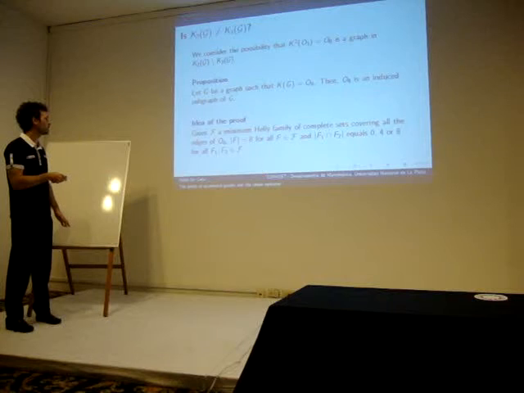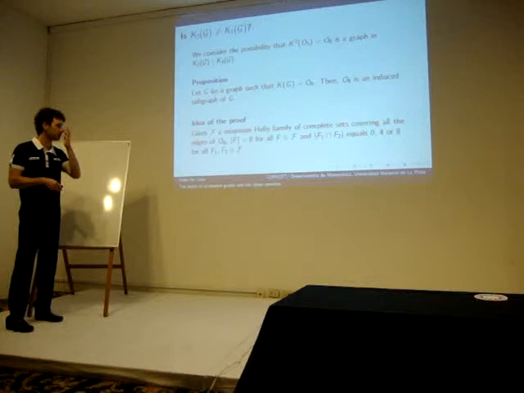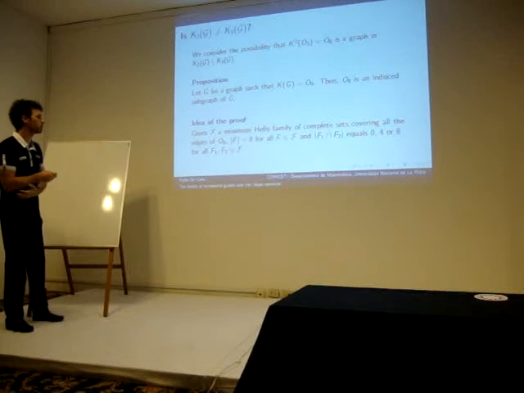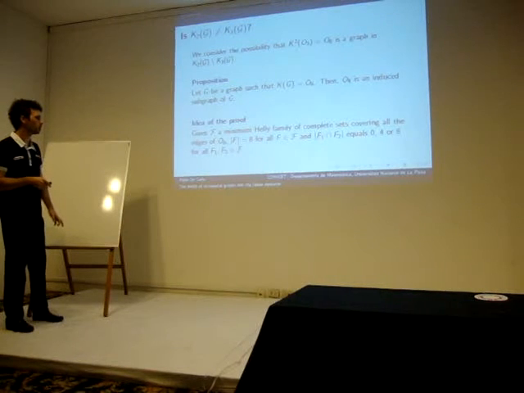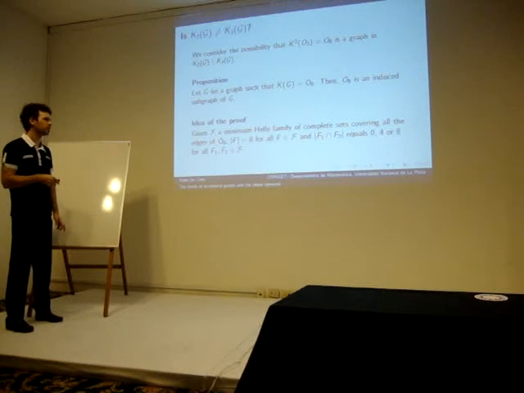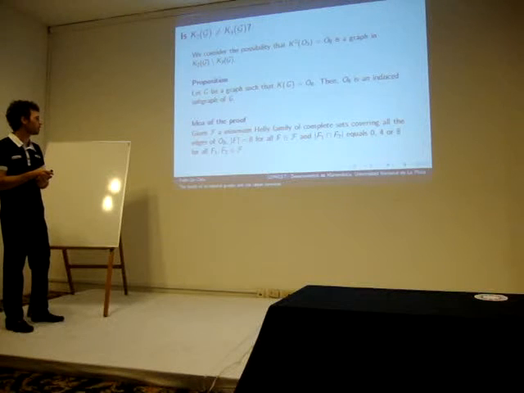We also take a family F that is minimum heavy and covering all the edges, and we see that the cardinality of every member of that family equals 8, and that for any two members of that family, the cardinality of the intersection equals 0, 4, or 8 for all couples of members.